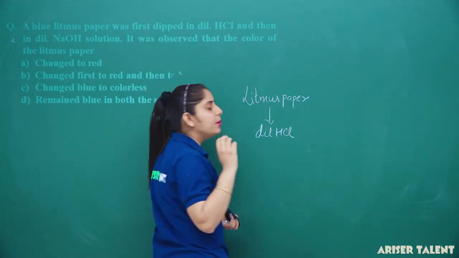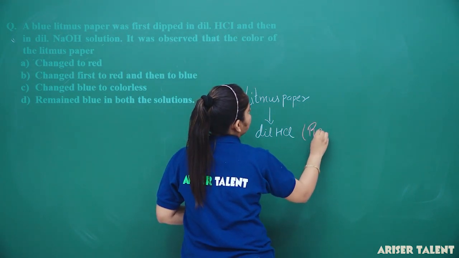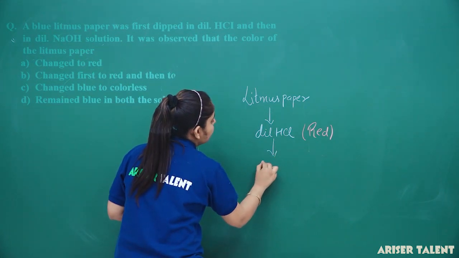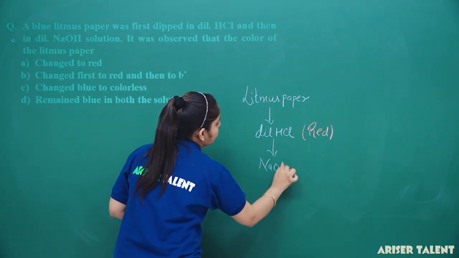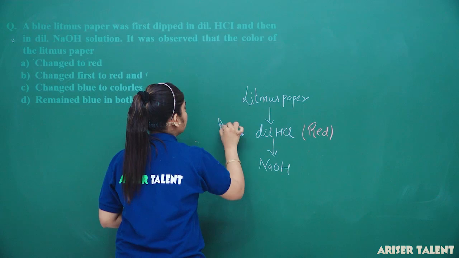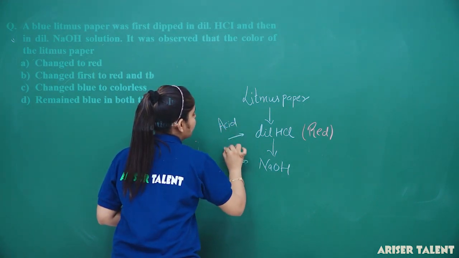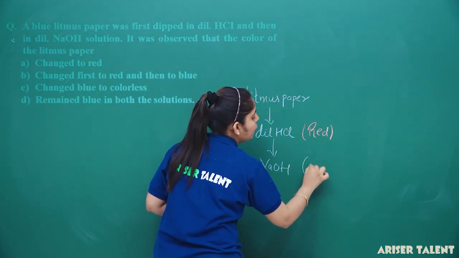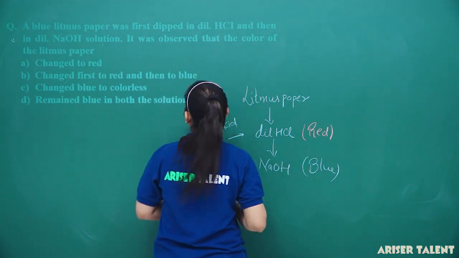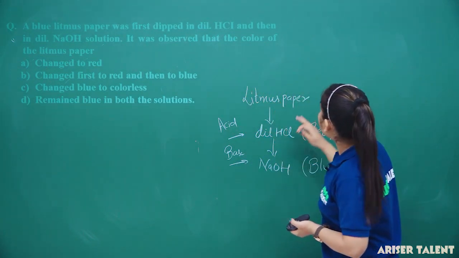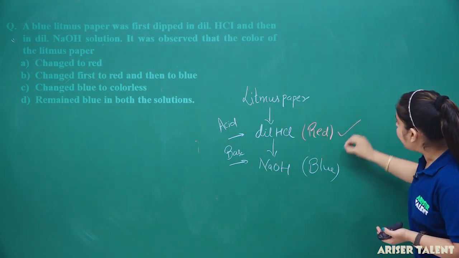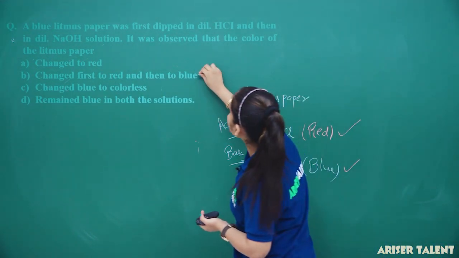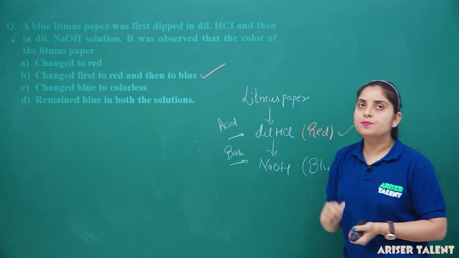It will convert the blue litmus to red. So it will turn red. Now this paper is again dipped in NaOH. This is acid and this is our base. So what is the property of the base? It will turn red into blue. So the correct answer is, first the litmus paper will change into red, then the litmus paper is going to change into blue. So the correct option will be option number B.